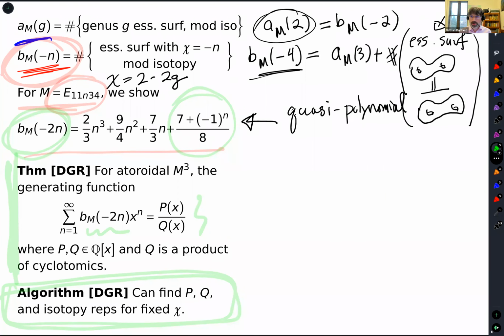Let me pause there. Are there questions? Is Bm of minus 2n always non-zero? Do you have an upper bound? No, of course they might simply be 0. In fact, for the exterior of a 2-bridge knot, they're simply 0 for all n.